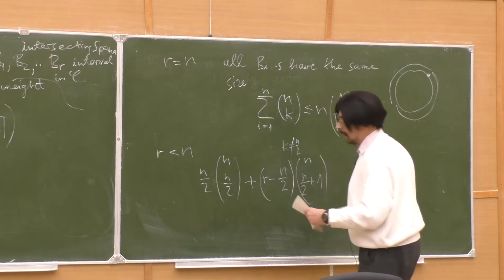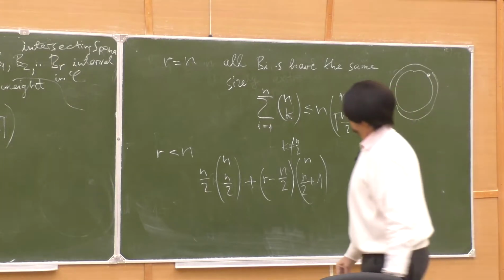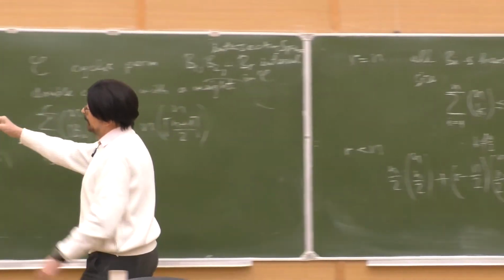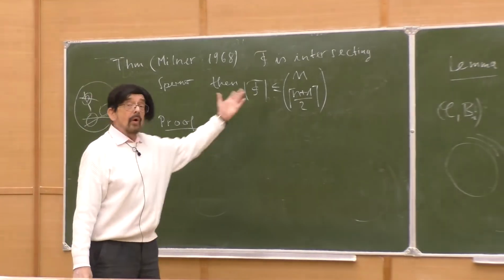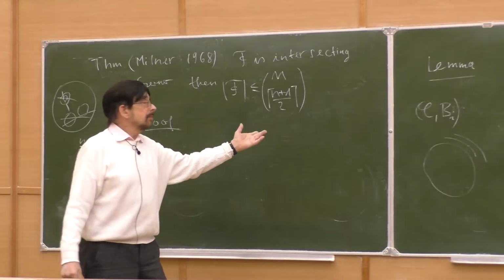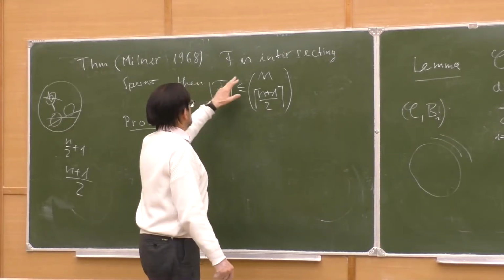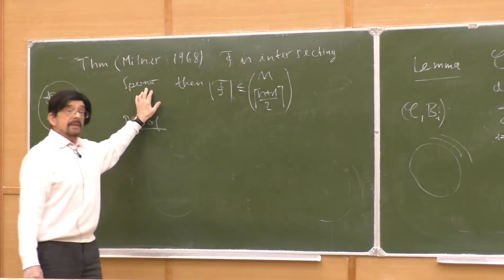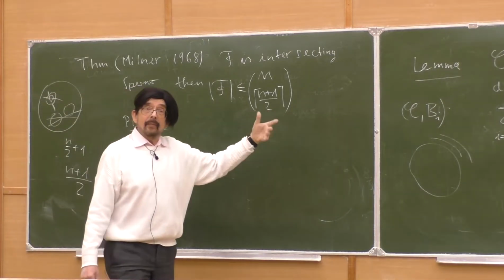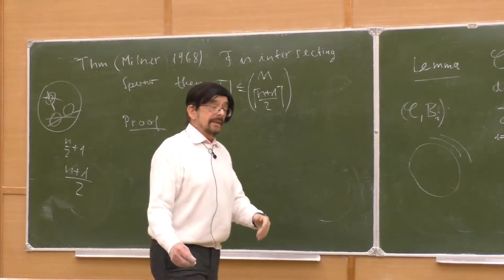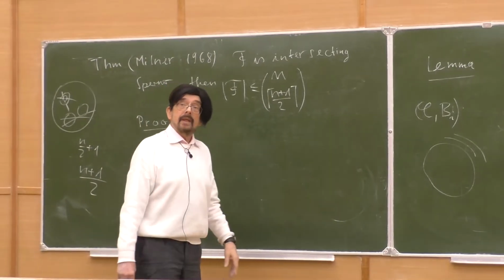Oh, I forgot to tell you before that the whole theorem is trivial when n is odd, because already the Sperner property says this, that you cannot have more in the family than n choose this number.